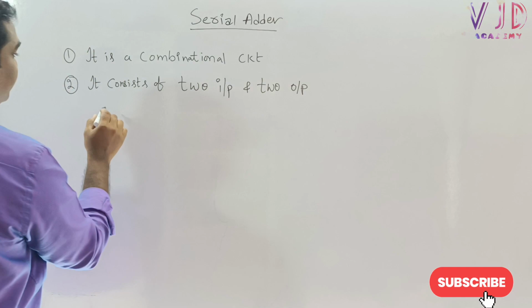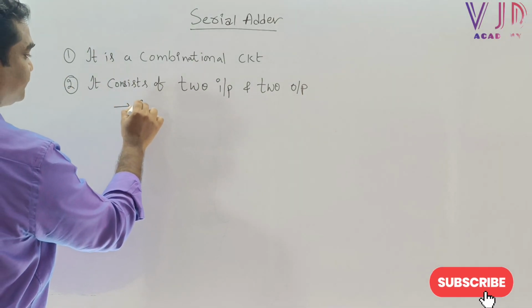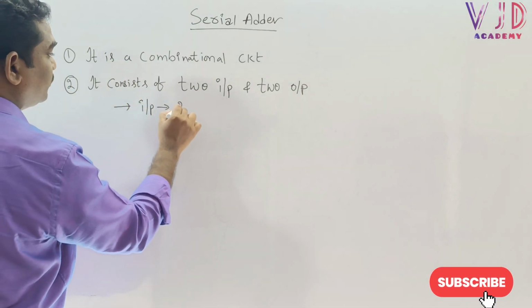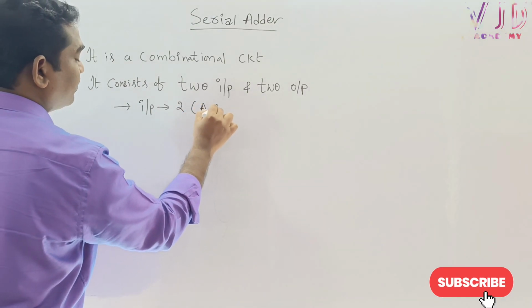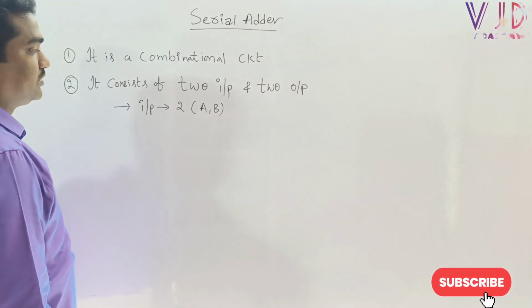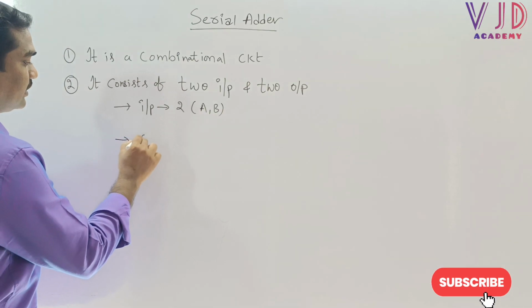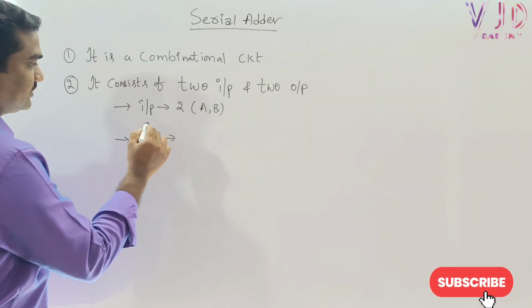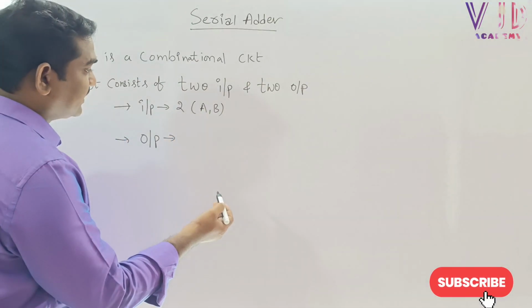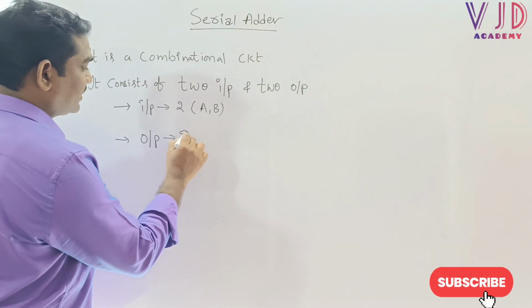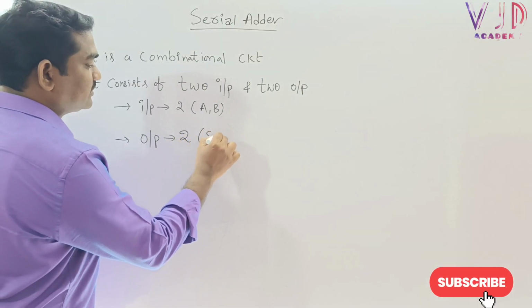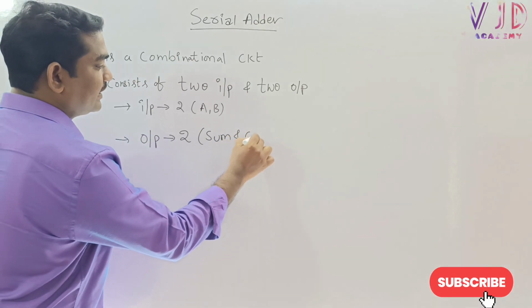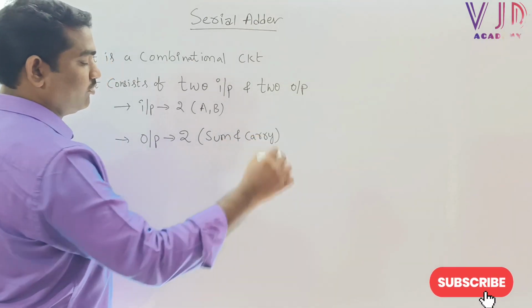The inputs are A comma B, and the outputs are sum and carry.